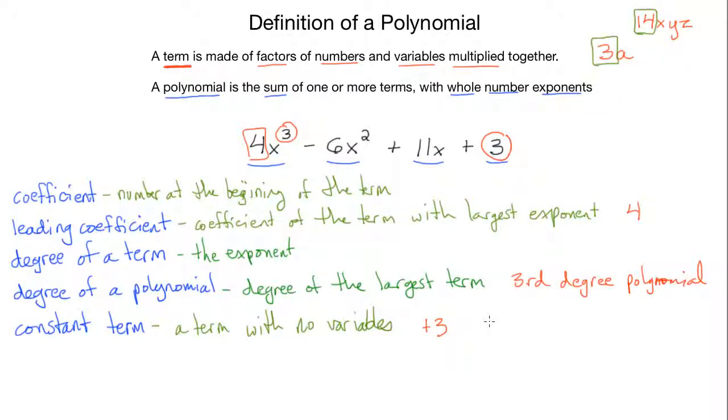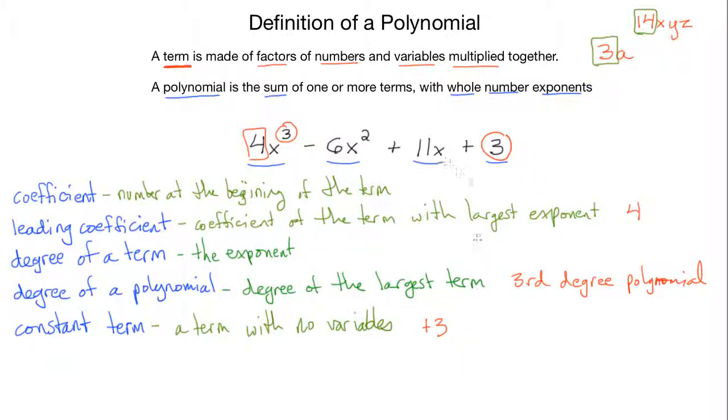It's going to be adding 3 at the very end, no matter what I put in for x. If I put 1 in, if I put 5 in, if I put 1800 in, these terms are all going to change and vary based on what I'm putting in for x, but the plus 3 at the end will stay constant. It is locked in. It'll always be there. So that's what we talked about with a constant term.